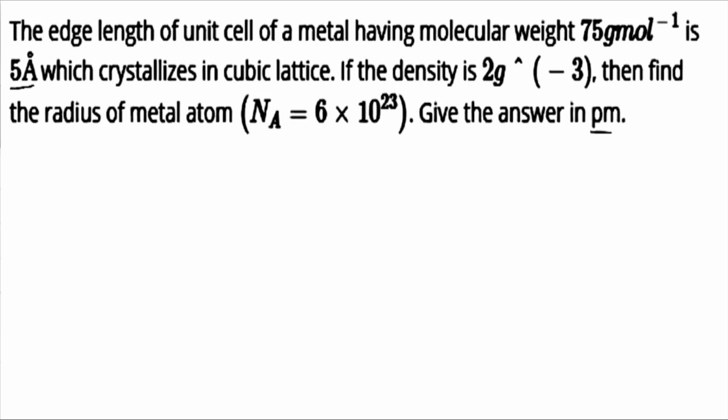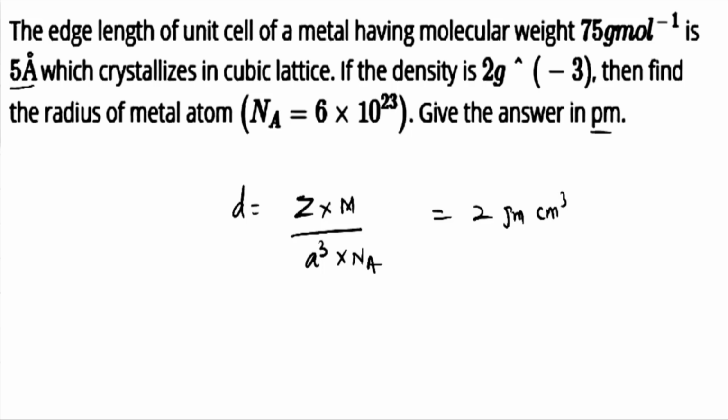So density is Z into molecular mass upon a cubed by NA. The density is given as 2 gram per centimeter cube.